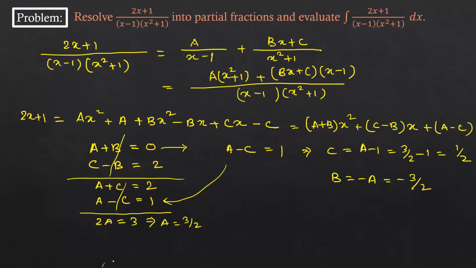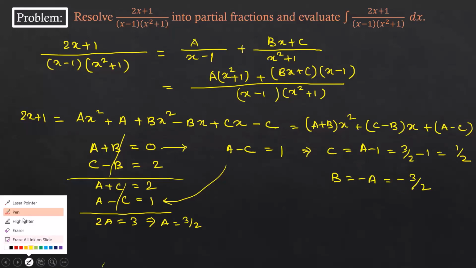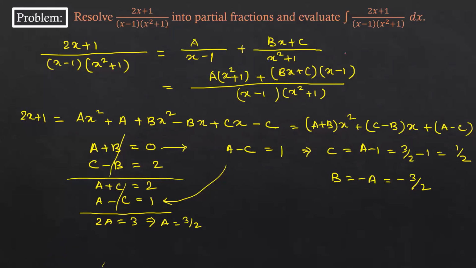So now just put those values here to perform this. In place of a, you have to put what? 3 by 2. That means 3 by 2 into 1 by x minus 1. And in place of b, we have to put minus 3 by 2, that means minus 3 by 2x. And in place of c, we have to put 1 by 2, and here you have x square plus 1.